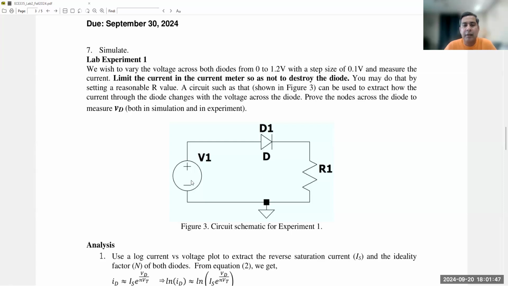Then if you have a voltage source slightly over 1.2 volt, to get the 1.2 volt drop across the diode, you can get the overall current from the voltage drop VR across the resistor, and you can do that calculation pretty easily since it's just a two-component circuit.